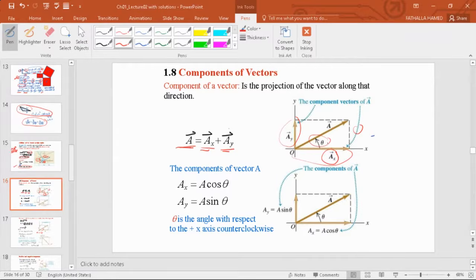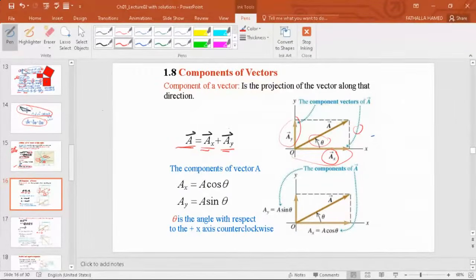So now we can say that this vector here that makes an angle theta relative to the positive x-axis will have an x component and y component. So what is the relation here between the vector A, theta, and the ax and the ay?